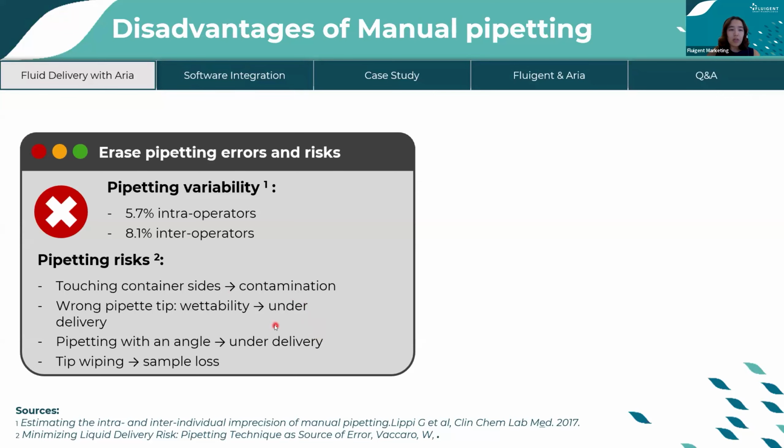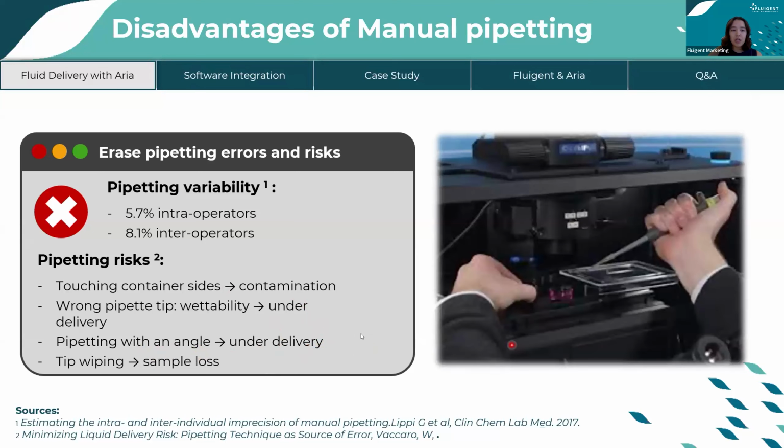The physical aspects of pipetting at an angle can also cause inconsistent volumes, and even tip wiping can cause loss of sample, which is very valuable in this type of protocol.